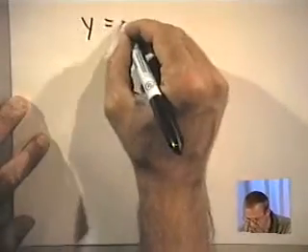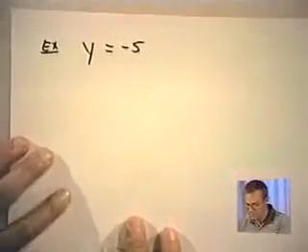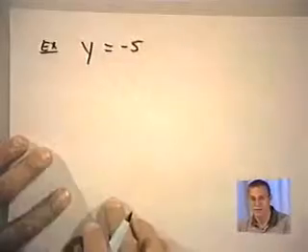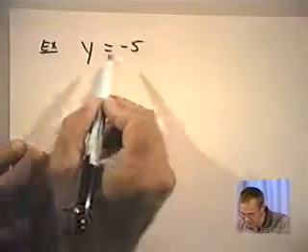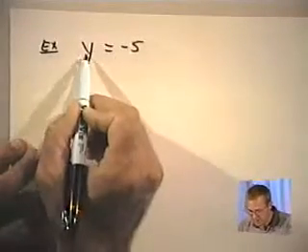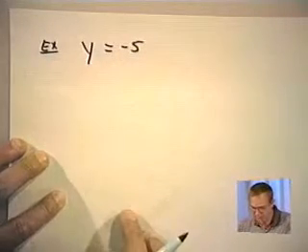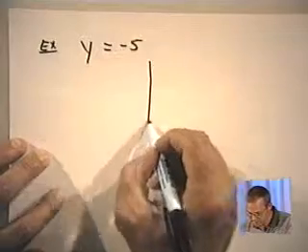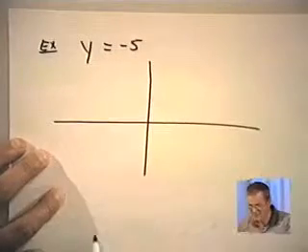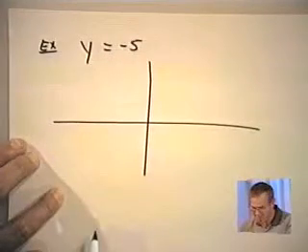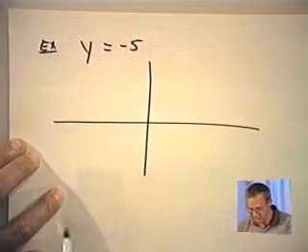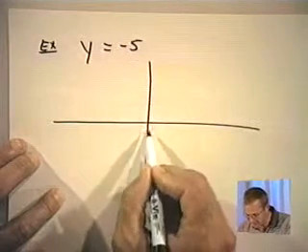Y equal to -5. I want to graph this linear equation. Now I look at this and I see the y value must always equal -5. The x value is insignificant. It doesn't matter. I can see that this is the same exact form as the previous example, which was a horizontal line.